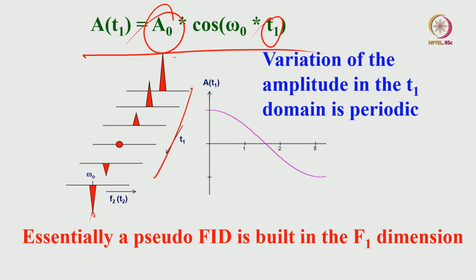So it starts like this, and then becomes 0 and then goes up like this. It starts oscillating. It becomes an oscillatory function. Essentially, by varying t1, we could build a pseudo FID. That is what I said in the general introduction when we were discussing 2D NMR. We can build a pseudo FID in the F1 dimension.